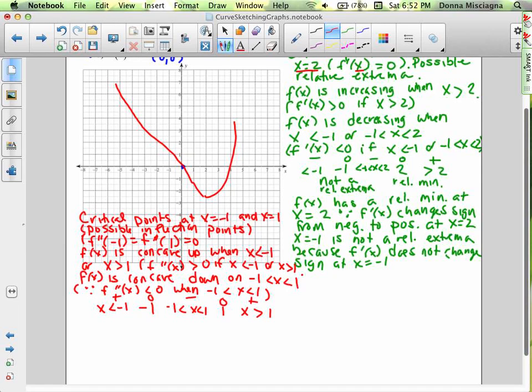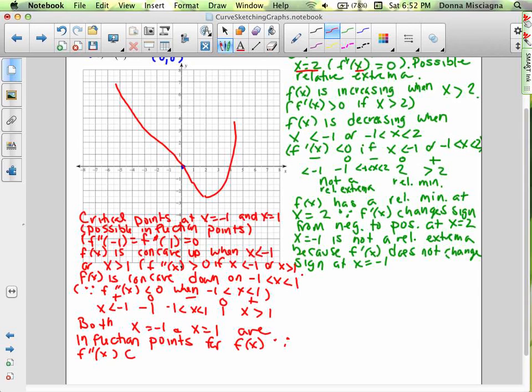So notice we do have a change in sign, so that does mean that both x equals -1 and x equals 1 are inflection points for f of x, and that's because f double prime of x, the second derivative, changes sign at x equals -1 and x equals 1.